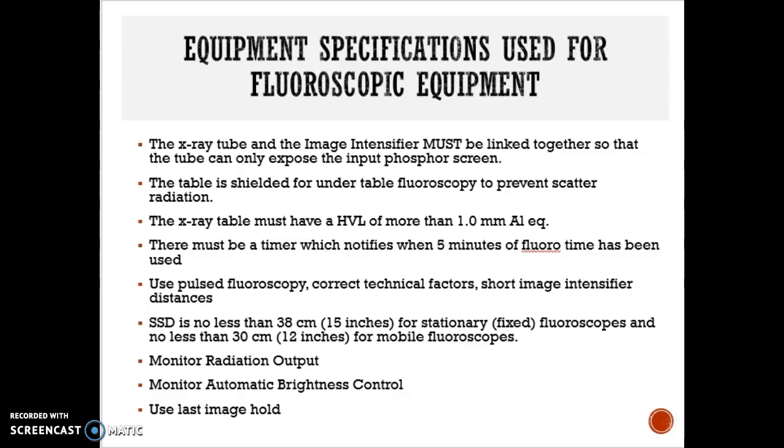The radiation output of the equipment must also be monitored since the phosphors in the image intensifier age and produce less light over time. With automatic brightness control, the machine automatically turns up the mA and the kV, thereby increasing the radiation levels over time, so we have to keep our eye on that. Use of the last image hold feature is also handy in reducing dose.